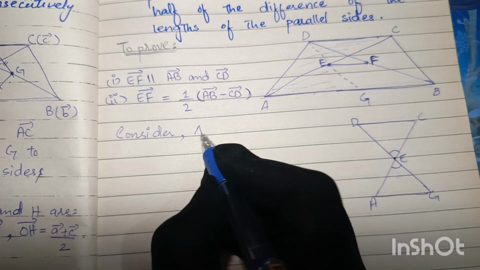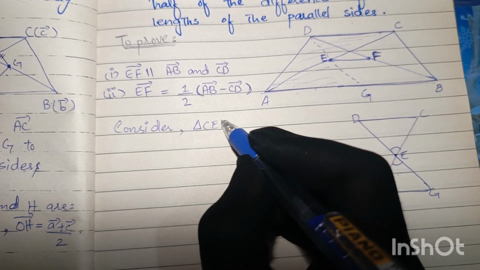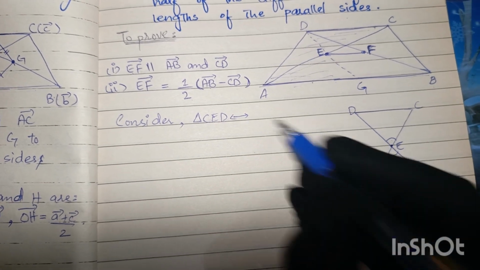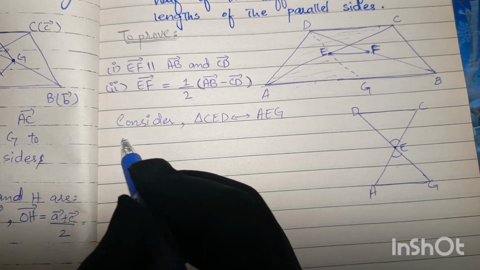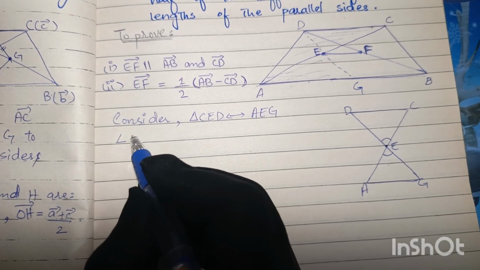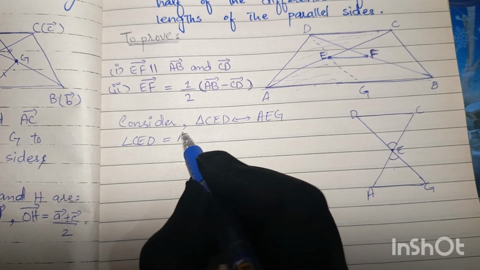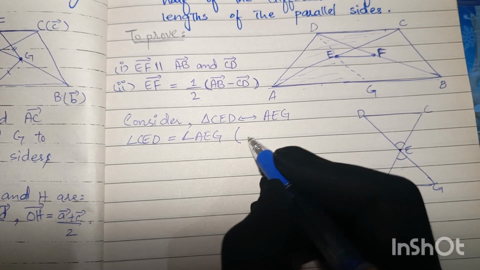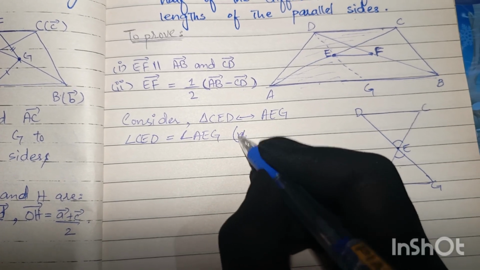Consider triangle CED in correspondence with AEG. Here angle CED is equal to angle AEG. The reason is vertically opposite angles.